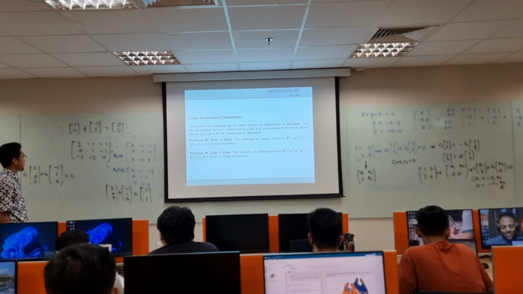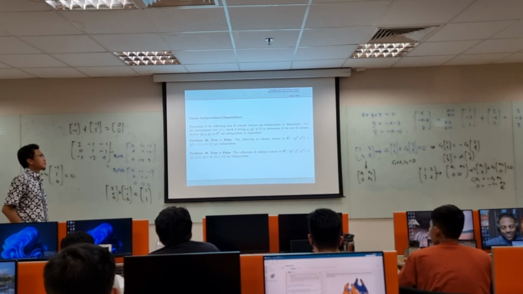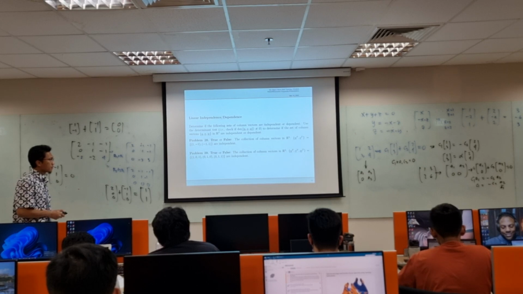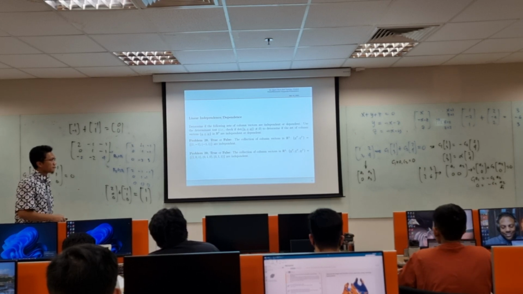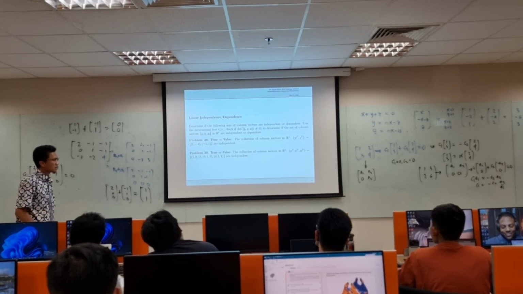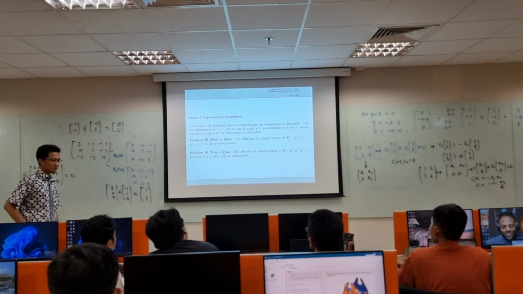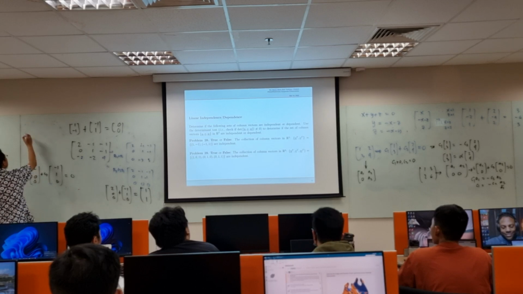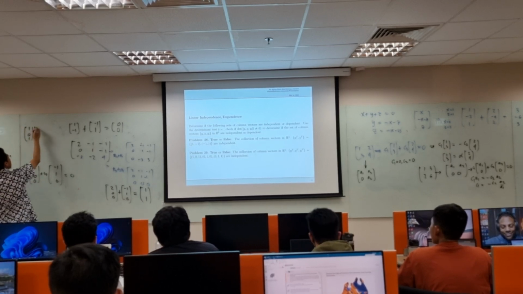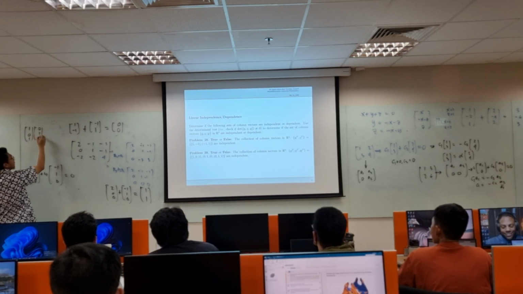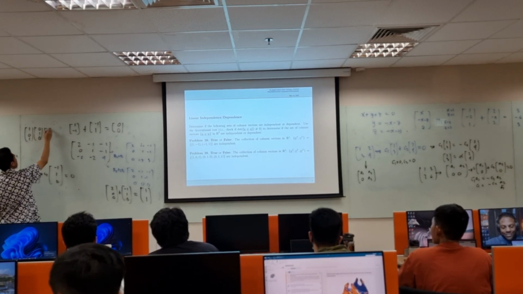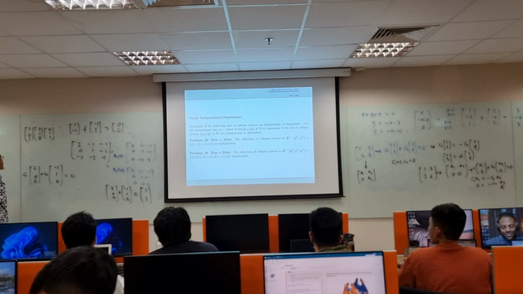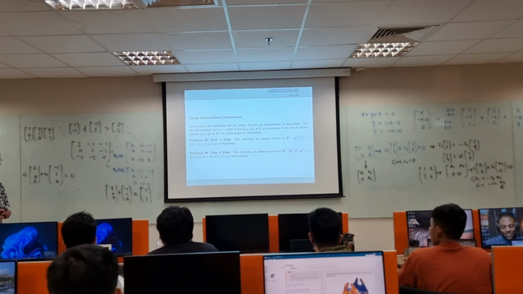so that you can get the rank of it. For problem 29, are these independent? 1 0 1 and then 0 1 1. Yes, independent. You can clearly see it is independent.